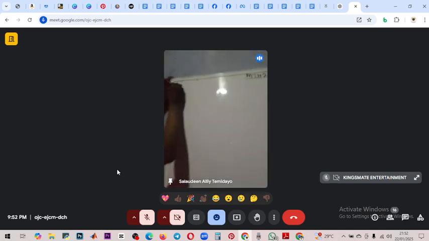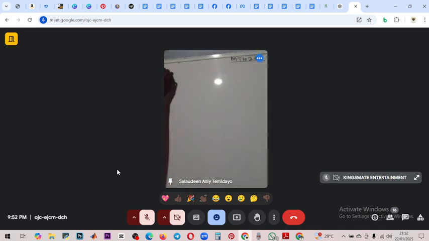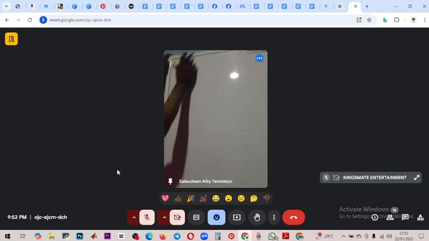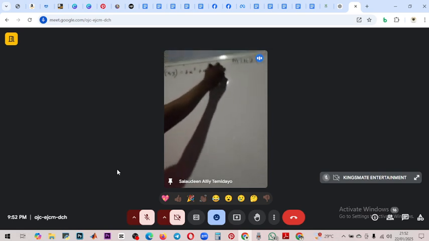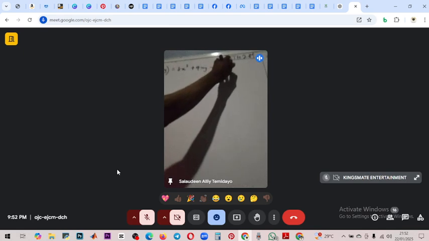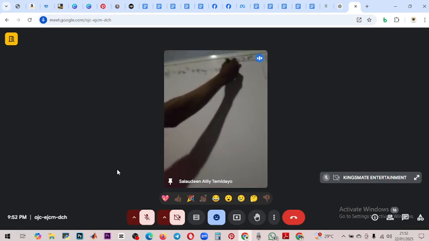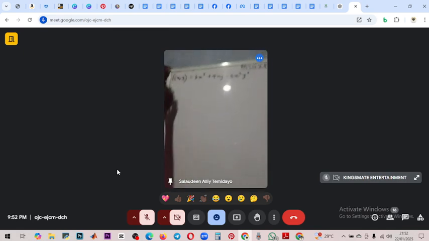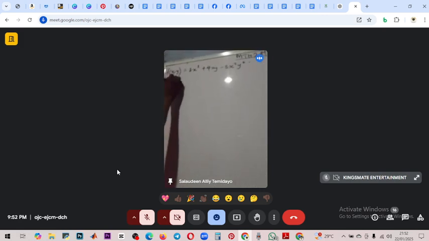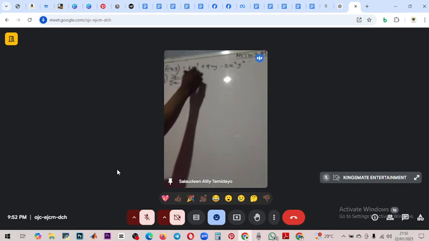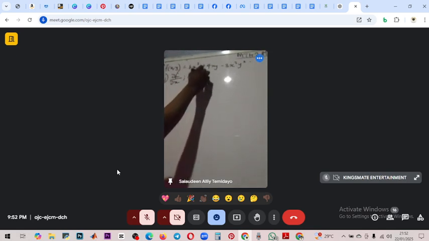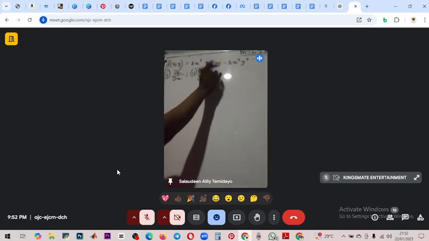Okay, so take this as another case. f of x comma y is equal to 8x cubed plus 4xy minus 3x squared y squared. The first problem now is to find df dx. Second problem is to find the second derivative of f with respect to x squared.